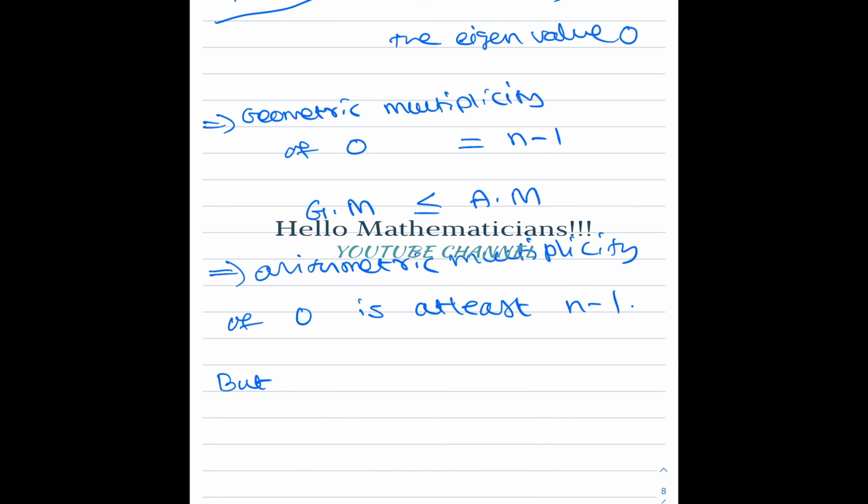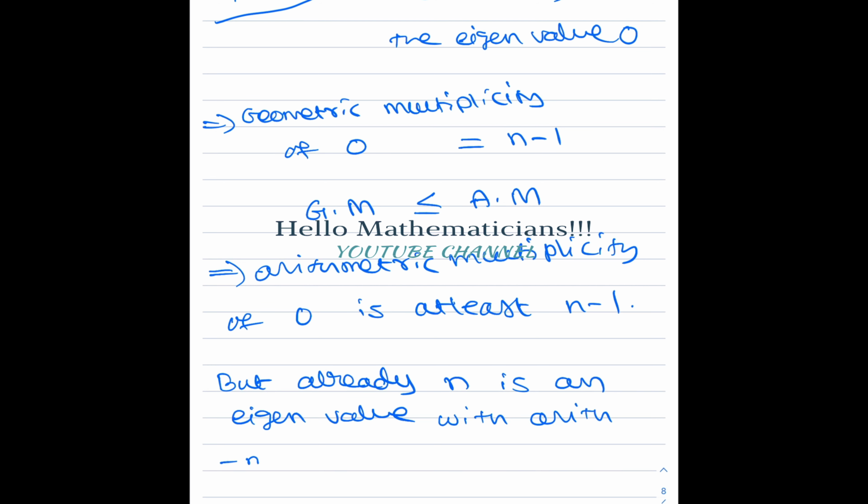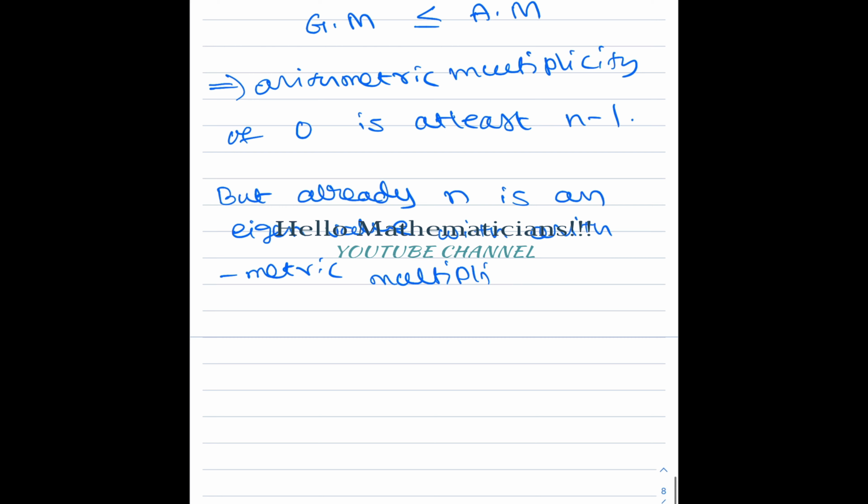But already, n is an eigenvalue with algebraic multiplicity 1, that we have also seen. So we are saying that the algebraic multiplicity of 0 is at least n minus 1, but already we have n as an eigenvalue with multiplicity 1.